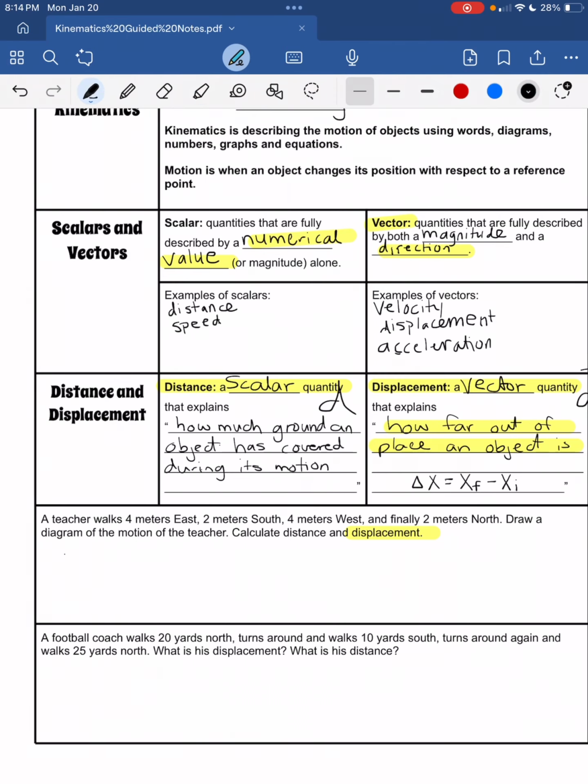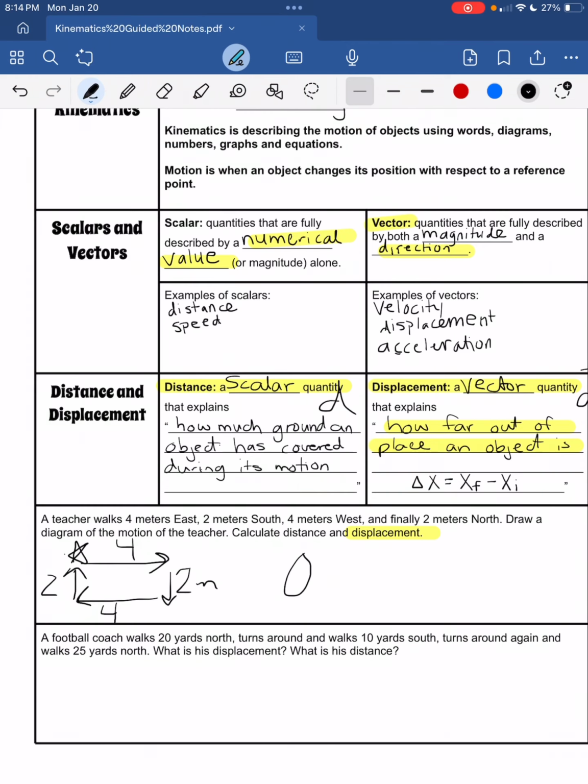So let's look. A teacher walks 4 meters to the east, 2 meters to the south, 4 meters to the west, and then again 2 meters to the north. What was the net displacement? We said that that was 0 because this position right here was both the ending and the beginning.